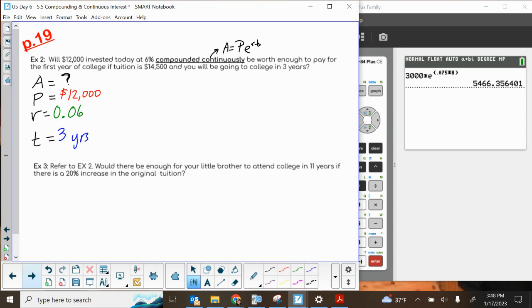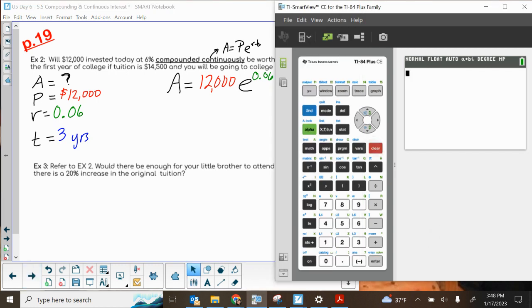So using that formula, A equals Pert, I'm going to say A equals, my principal is 12,000, and then e raised to the r times t. And again, when you're putting that into the calculator, you want to put parentheses around your exponent. Let's see, e to the 0.06 times 3.